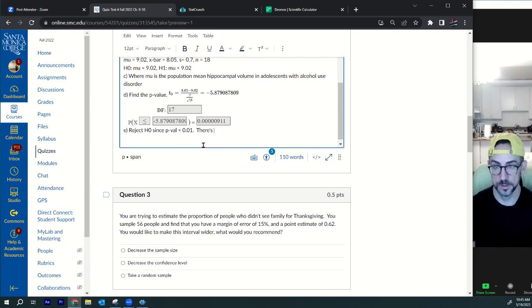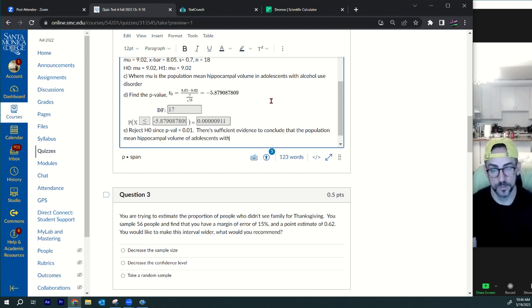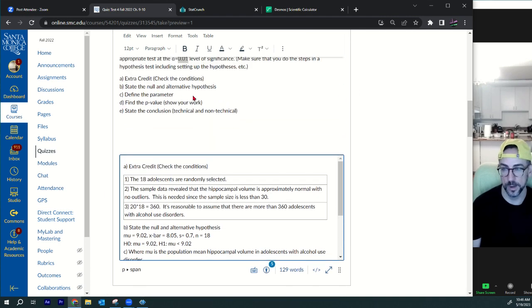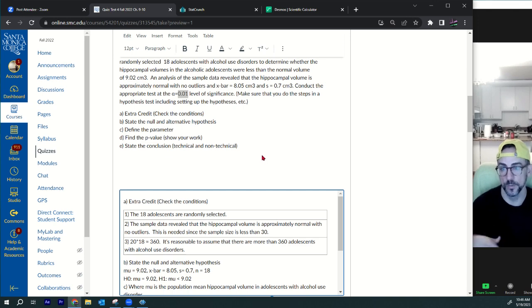And then we say there's sufficient evidence to conclude that the population mean hippocampal volume of adolescents with alcohol use disorder is smaller than people without alcohol use disorder. So just put smaller. I know what you mean because it says less than. Woo, that's it. So this one doesn't ask for type 1 error. The other one did. Type 1 error in this case would be rejecting a true null.